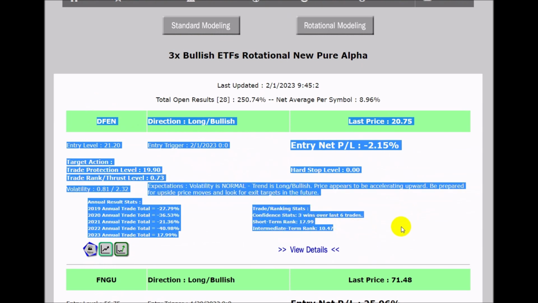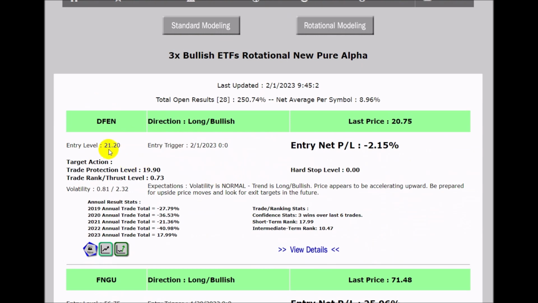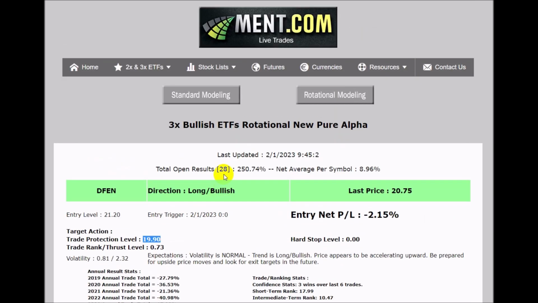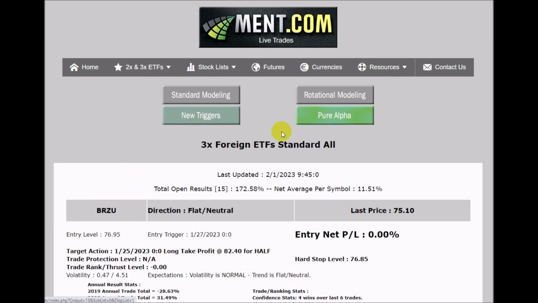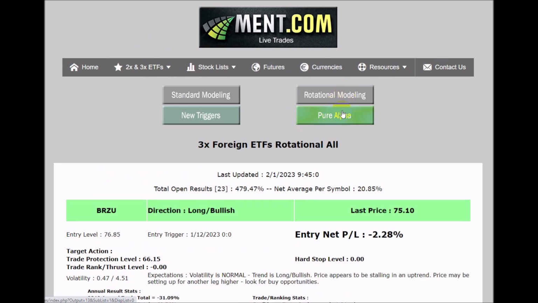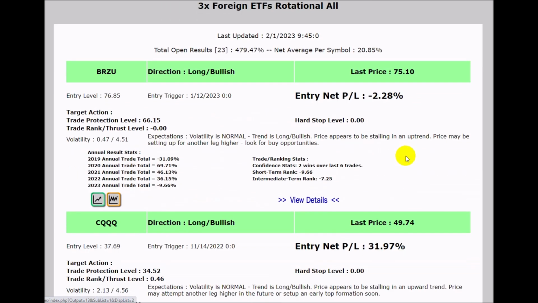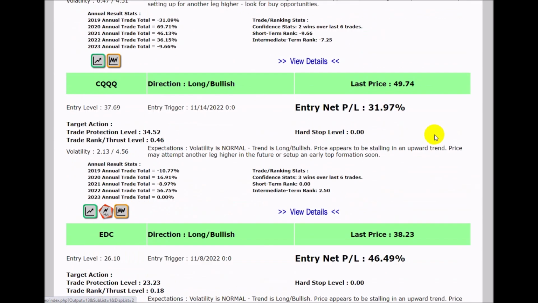It gives us an opportunity to get long at or below 2120 with a protective mental stop level at 1990. Now, understand that this is the type of swing trading that is available to you under the Mint Live trades. You not only have the ETFs, you have the foreign ETFs, which I love, ladies and gentlemen, particularly the rotational modeling system, which does very, very well.